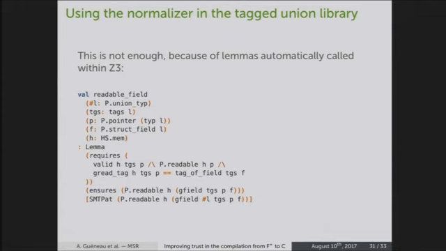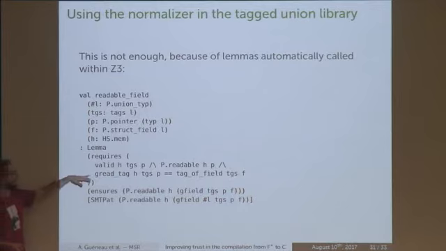Except that nearly works, but it's not enough, because we may also have lemmas that have a pattern, so we expect them to just be automatically triggered by Z3, and that also want to express that some tag has to match some field. And if we put a normalized term here, it will not work because Z3 is not able to have a callback to the normalizer when trying to solve a query.